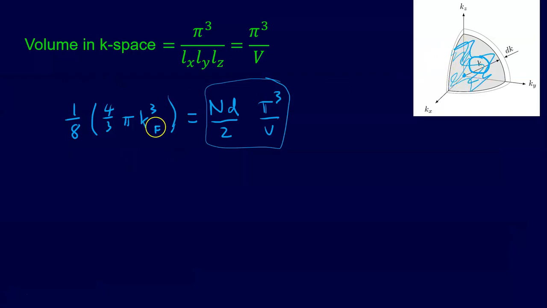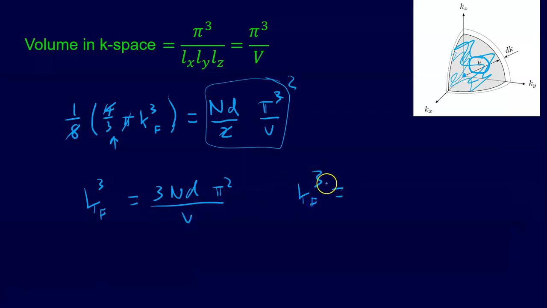And so we can take this and go through and solve for how big our KF has to be. All right, and if we solve for this KF, so first of all, we see that this 8 and the 4 and the 2 cancel. And this pi will cancel with one of these factors of pi, leaving pi squared. So we get nd pi squared, a factor of 3 from over here, all of this over the volume.